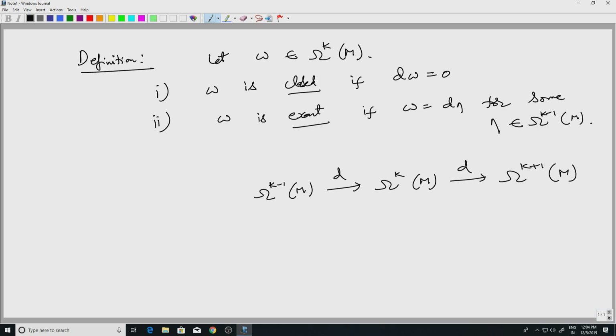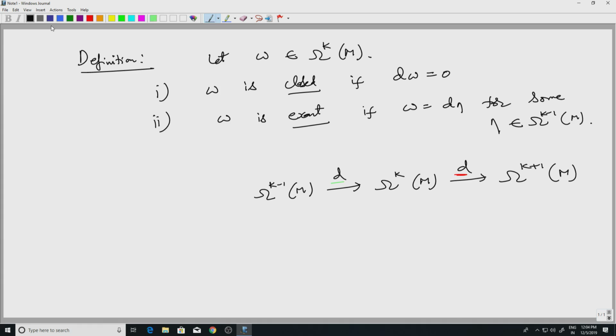In other words, if omega belongs to the kernel of this d here, then omega is said to be closed. And in the second condition, omega is exact if omega is d eta for some eta in omega k minus 1. So in other words, if omega is in the image of this green underlined d, then omega is exact.